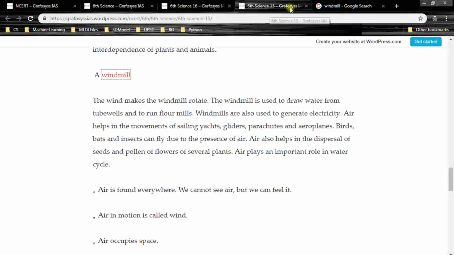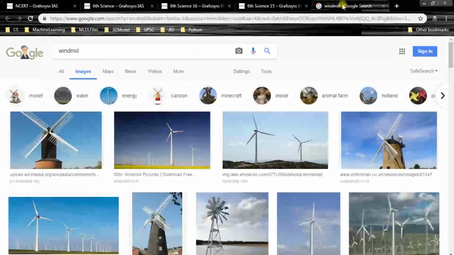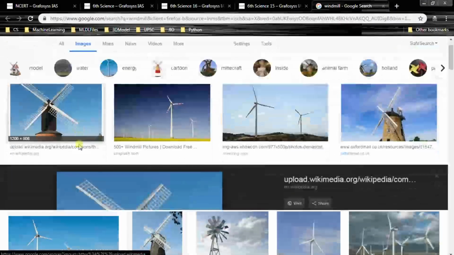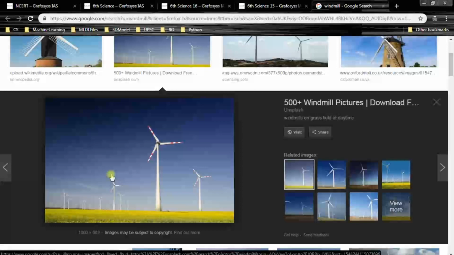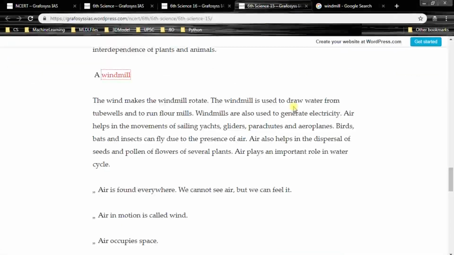So what is a windmill? These are the windmills, right? These are used to produce electricity. We have seen them in the villages.